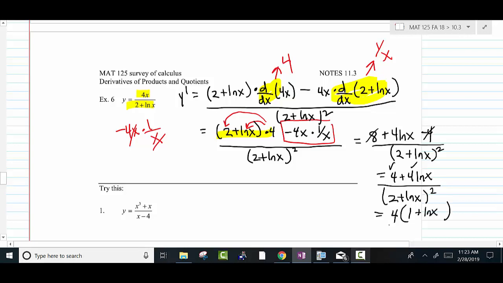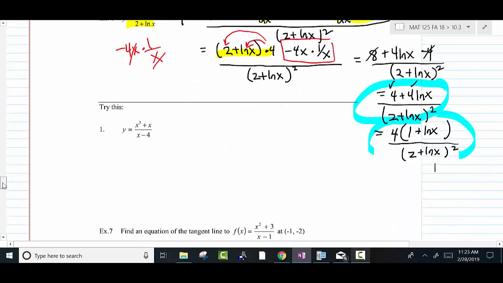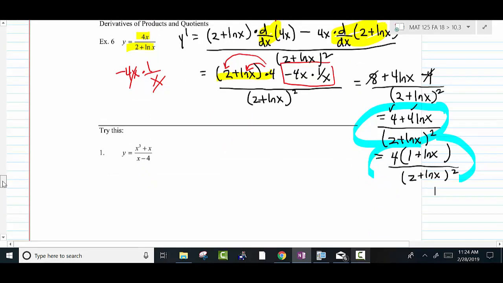The reason it's worth doing that is because there are times when the denominator will cancel out. It doesn't there because you have 1 plus ln of x and 2 plus ln of x. So either of these 2 answers right there is okay. It doesn't matter, but you do want to pay attention to that factoring when it shows up. Any issue there?